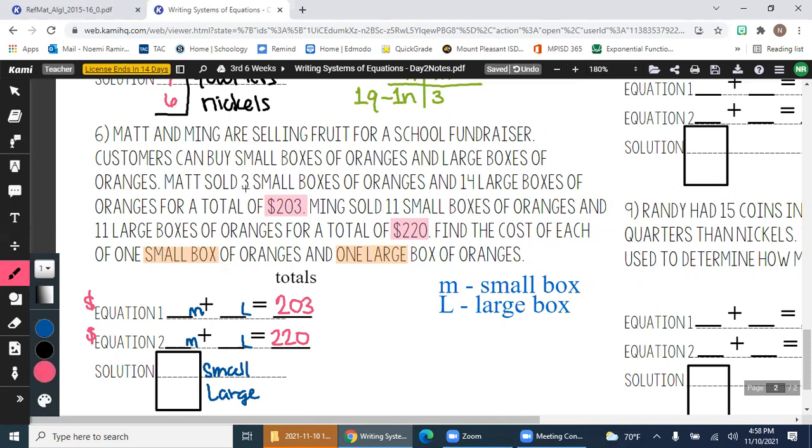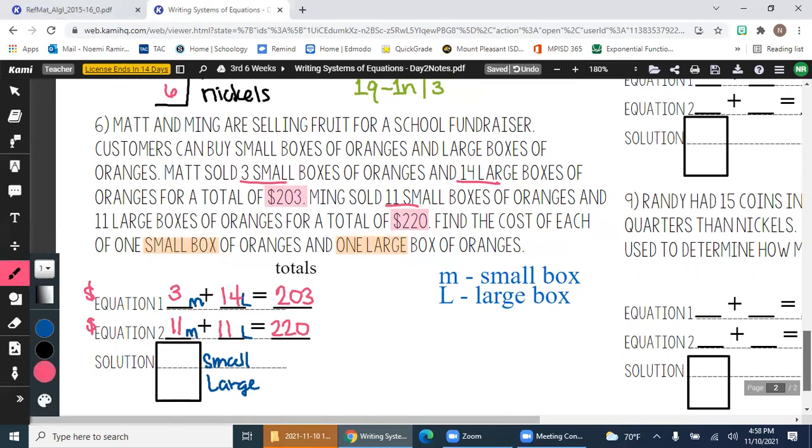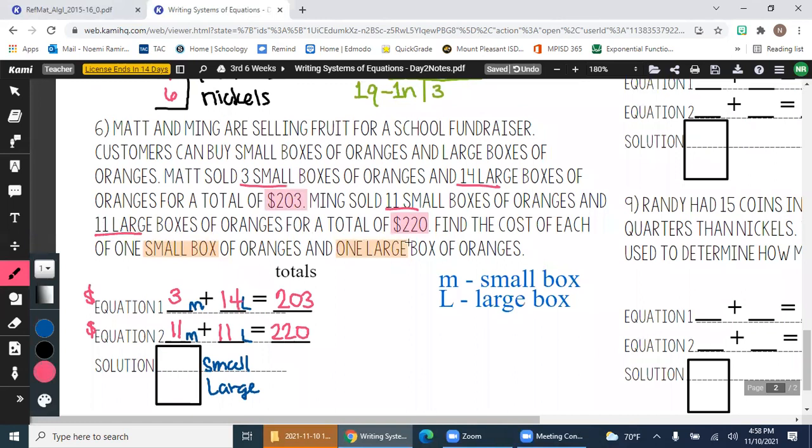So for 203, you're going to get 3 small boxes and 14 large. For 220, you're going to get 11 small and 11 large. Easy peasy. 11 small, 11 large. Actually, I forgot to underline that.